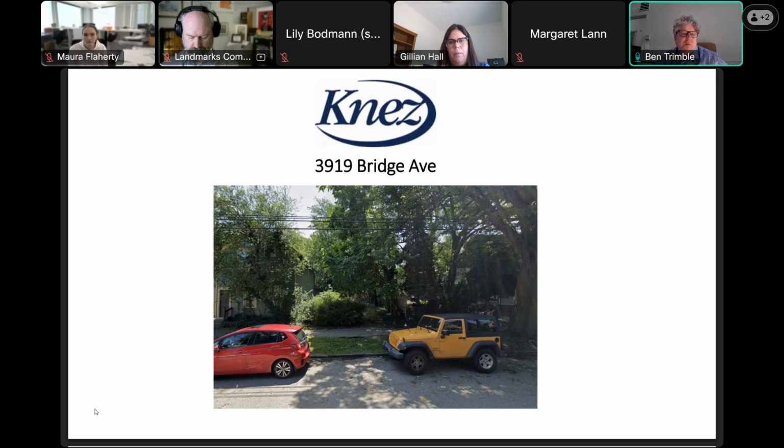And so we decided on maybe pursuing a strategy of building a house that looks like a carriage house, which could have a garage that fronts on Bridge, but that would be set back significantly, almost to mimic the setback of a carriage house, so that it wouldn't stand out on the street as some bizarre, almost front-loaded garage.